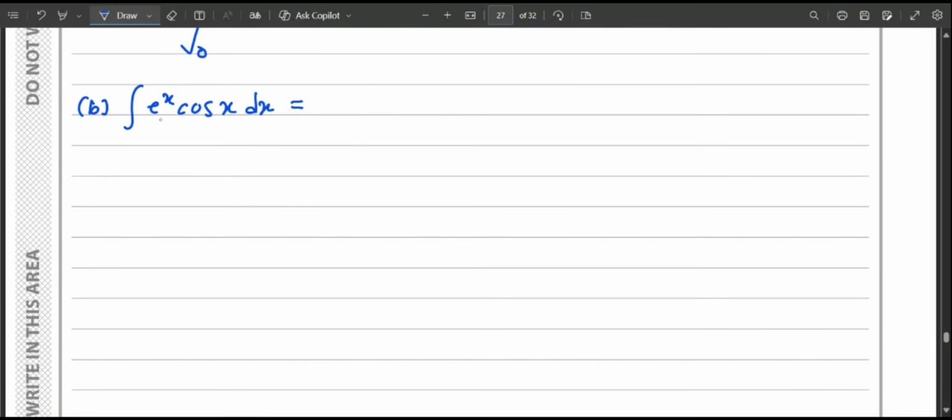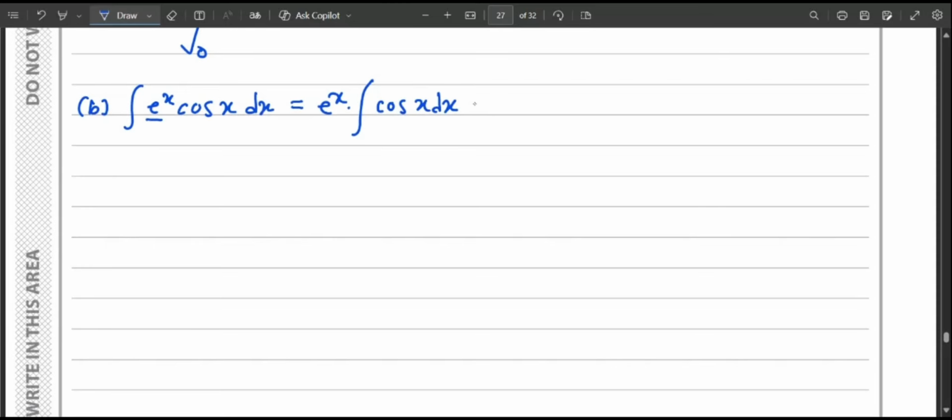To integrate by using the parts method, we first have to take our first term, which is e to the power of x, and multiply it with the integration of our second term, which is cos x dx.